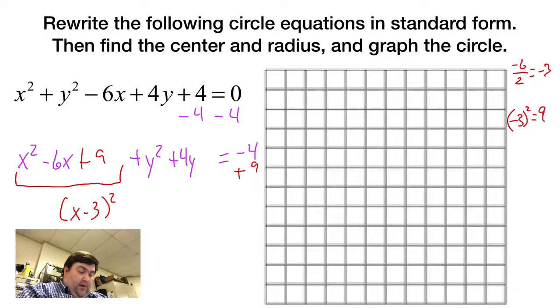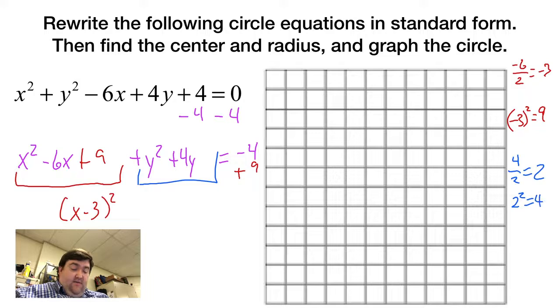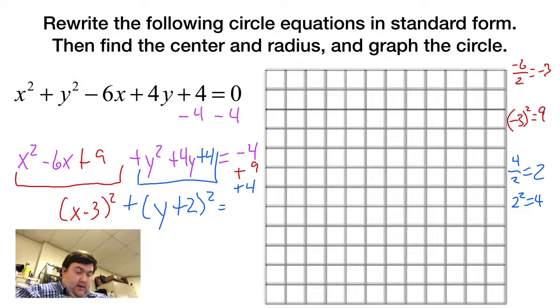Now let's talk about our other part. 4 divided by 2, because 4 is my b value in this case, is 2. So in this case I would say 2 squared is 4. So I'm adding 4. So what we end up getting is plus, not x, I keep doing this, plus (y plus 2) squared equals, in this case, 9.